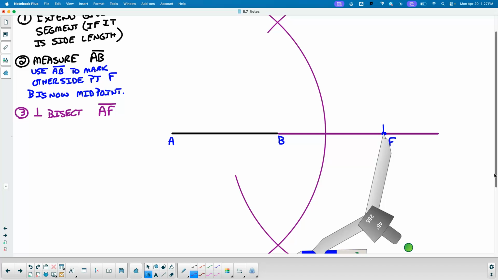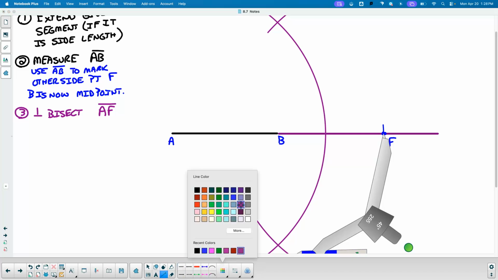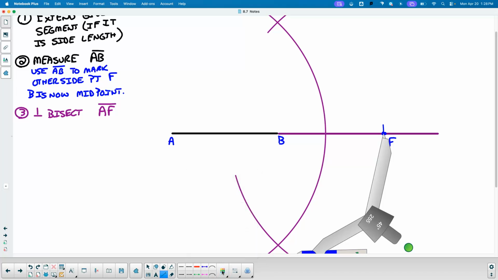So it's there, and now I can connect them, right? We went through point B. That's a good thing, right? Yeah? Okay?